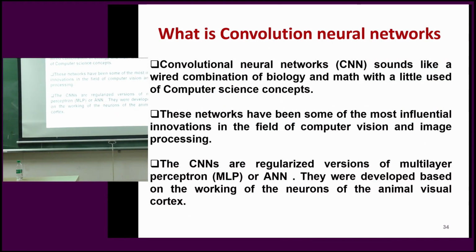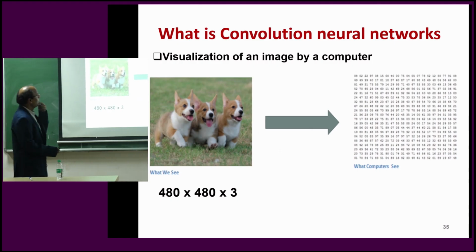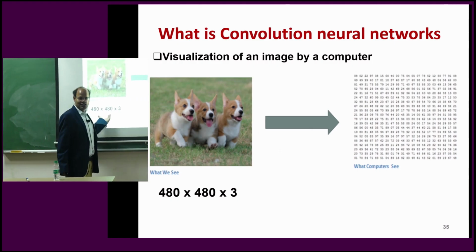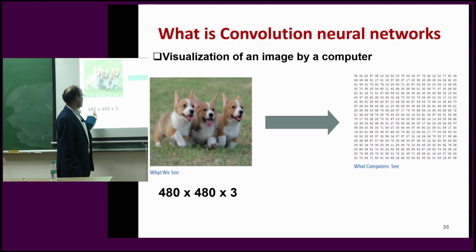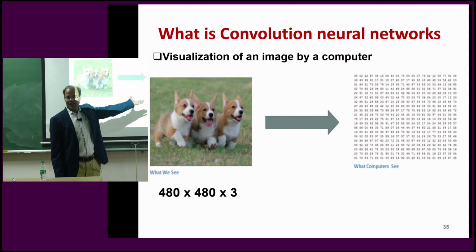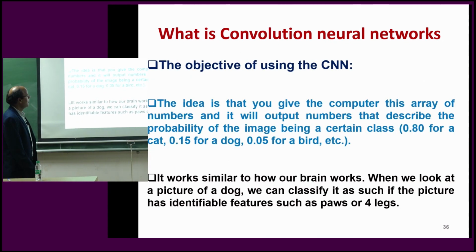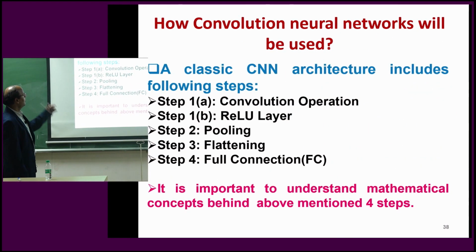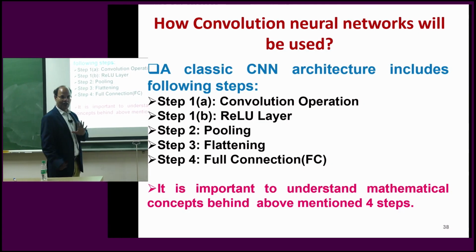So let us understand this architecture. This is what we see as humans, like a 480 by 480 by 3 color image, but the computer sees numbers. I'll move on. I'll not go specific, just a classical scene to talk about.